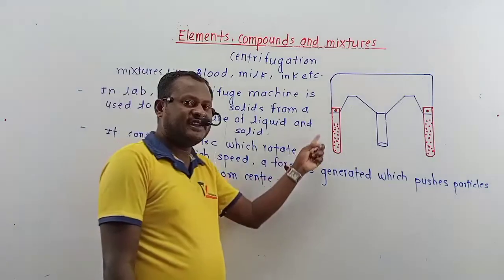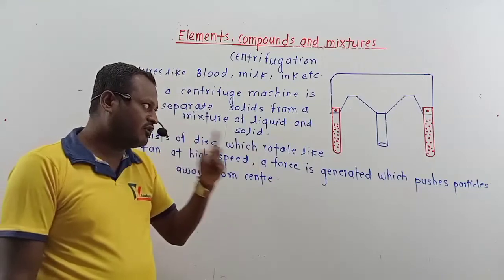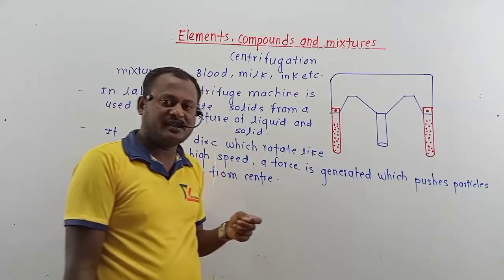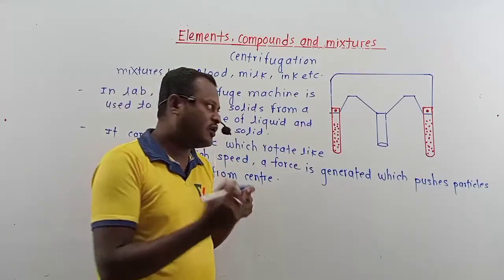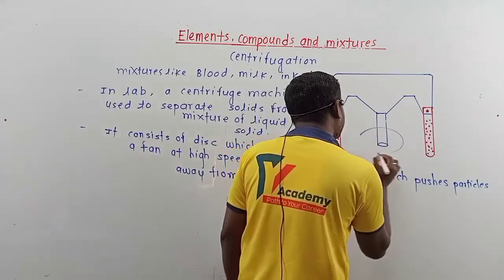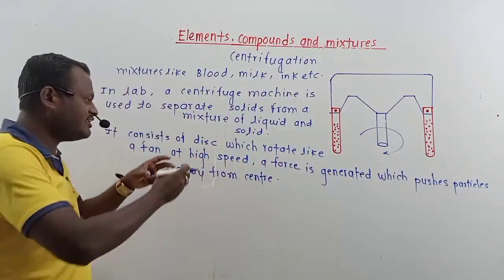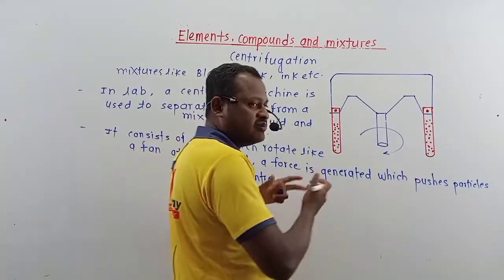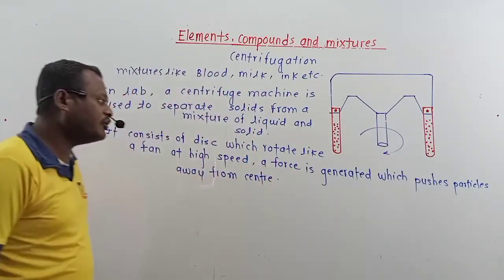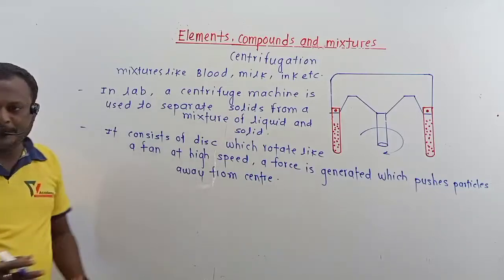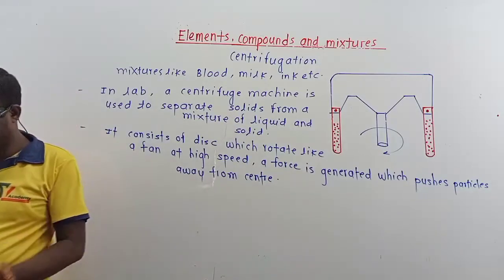On the solid particles which are present in the mixture, because of the higher rotational speed, they move in an outward direction. These test tubes as well as the particles move outward because of the centrifugal force.